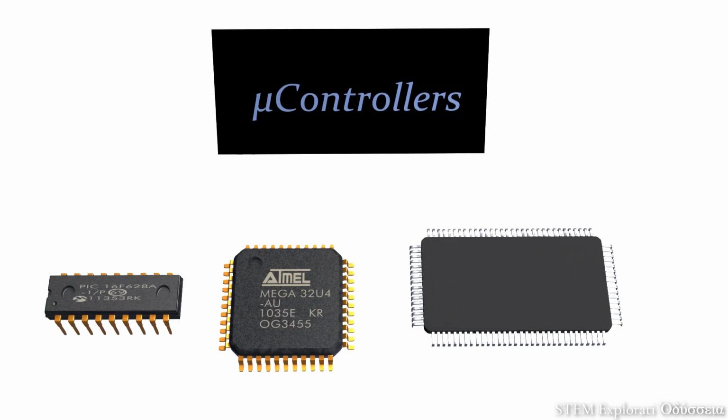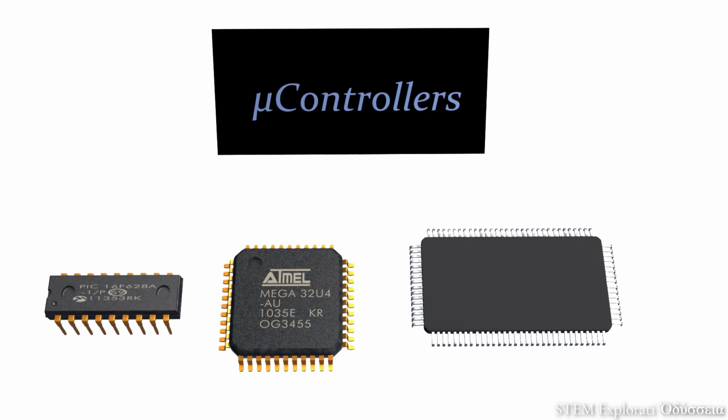You'll find them everywhere, in washing machines, microwaves, cars, toys, and even medical devices. Basically, if a gadget can sense something, process it, and react, chances are a microcontroller is doing the work behind the scenes. They may not match the power of desktop processors, but because they're cheap, efficient, and reliable, microcontrollers are the hidden heroes running billions of devices around us every single day.